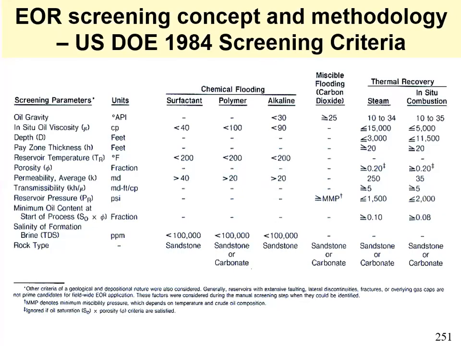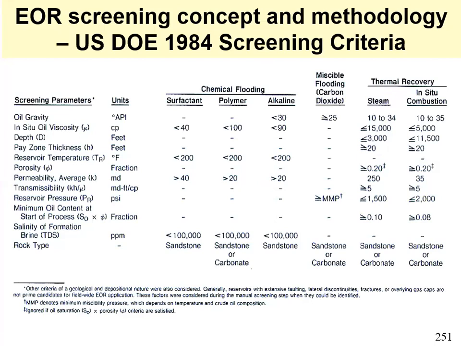This is the US Department of Energy 1984 screening criteria. So you would see in the columns screening parameters, units, and then the different methods for chemical flooding, miscible flooding, and thermal recovery.